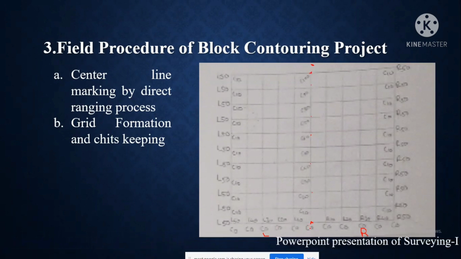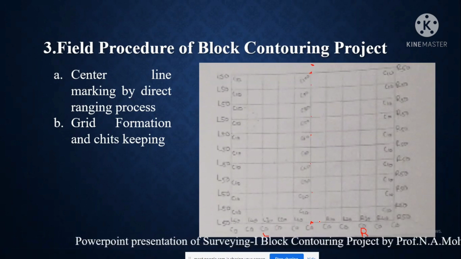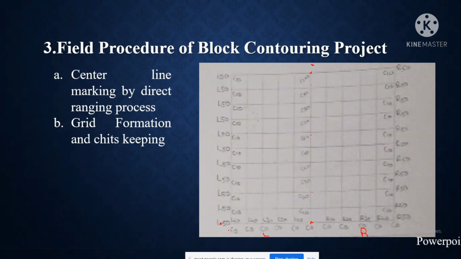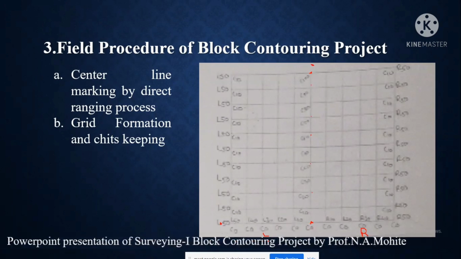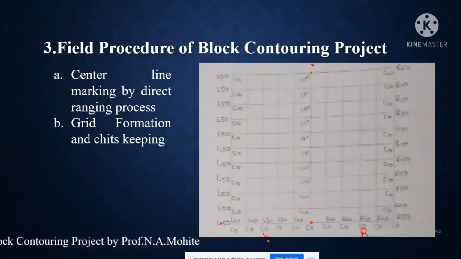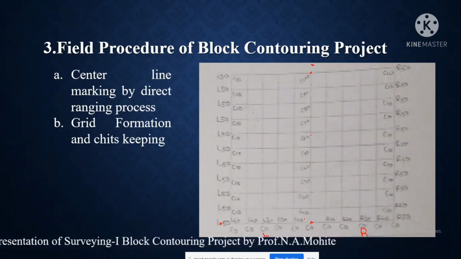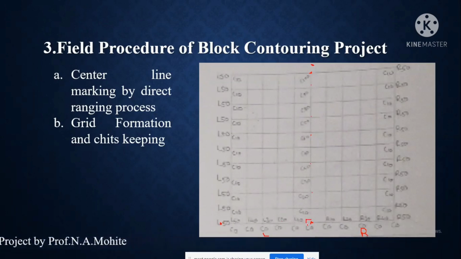Simultaneously, the person standing on the other side will be bisecting the person carrying the ranging rod on the left hand side. As previously shown in the video, by using the sign conventions to move in the left and right direction, the person will move left or right so that it makes a 90-degree angle here.